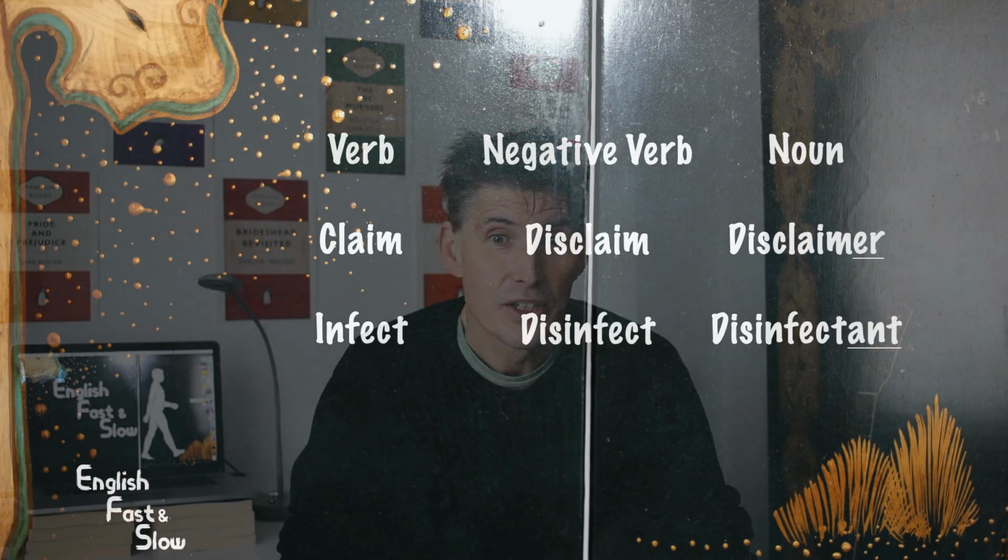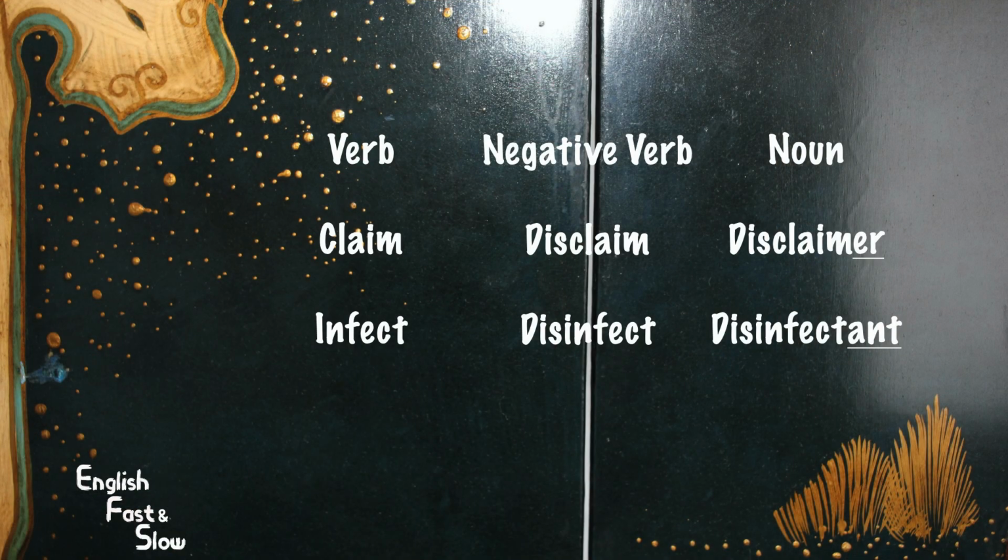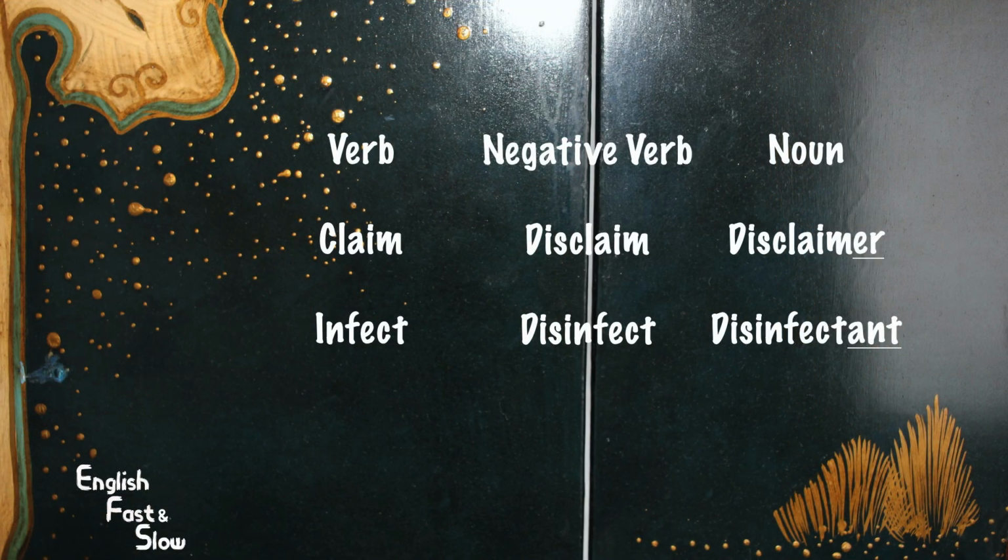But then any pattern that we thought we were following disappears when we get to the suffix to create the noun. So disclaim becomes disclaimer and disinfect becomes disinfectant. You might think they should both be the same, that we should have disclaimant and disinfectant, or disclaimer and disinfector, but it's simply not the case.